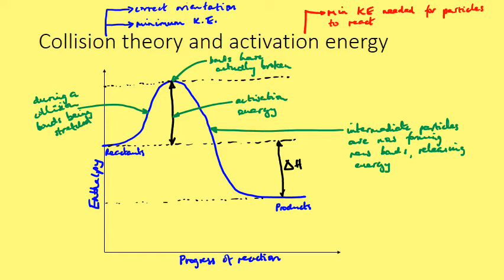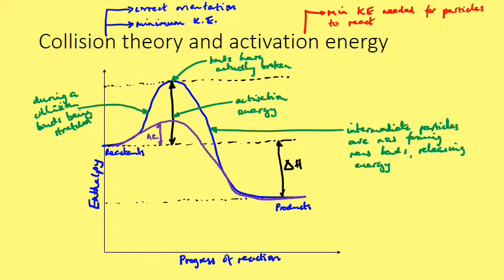Whereas if the activation energy was much less, I'll just draw that in for us. So if we had a reaction which was more like that, we start at the same point of enthalpy and we finish at the same point of enthalpy, but the activation energy for this, I'll just put AE for activation energy, is small.